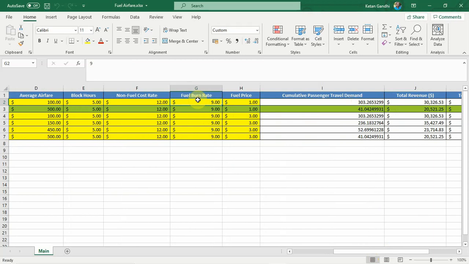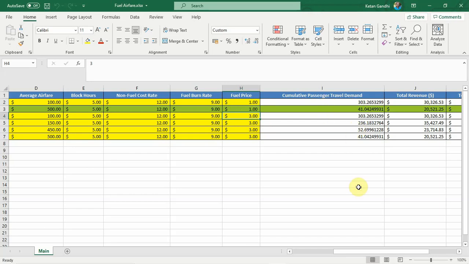Then the fuel burn rate is $9 per hour. That's the fuel burn rate per hour, and then we've got the fuel price of 1. The calculations will change for the cost when the fuel price is changed to $3.